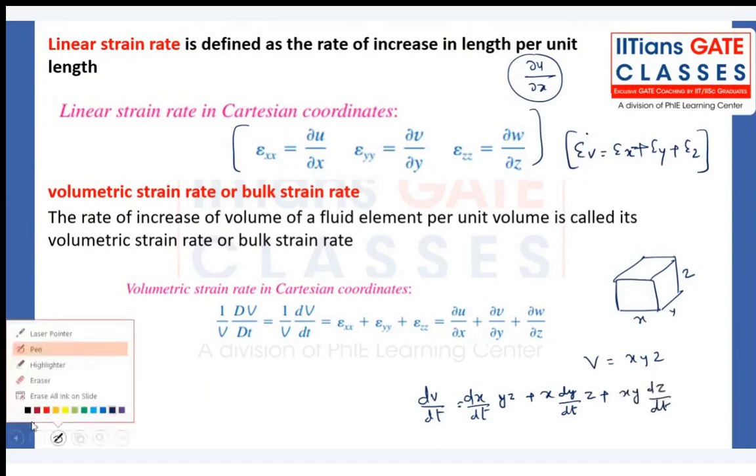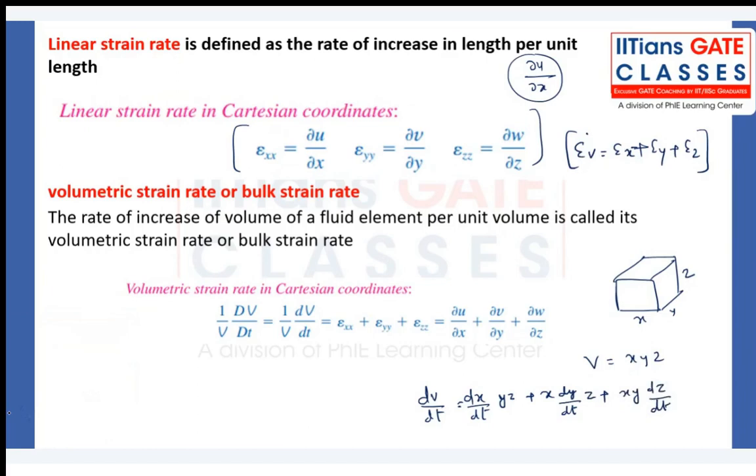And here if I divide with the volume, I will be getting x y z over x y z. So this yz will cancel out, xz will cancel out and xy will cancel out.